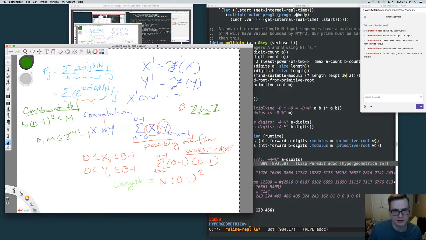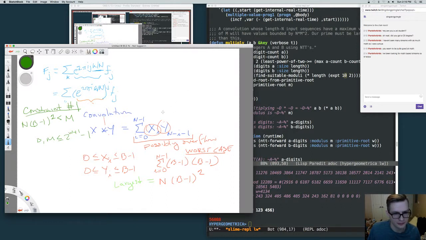It might be a good idea to write down all these definitions now, of all these variables, we have x's and y's and b's and q's and whatever. So we have n is our transform length. Let's see, b is our numerical base.